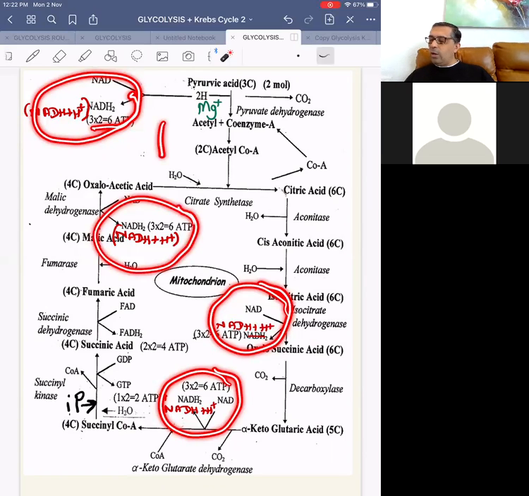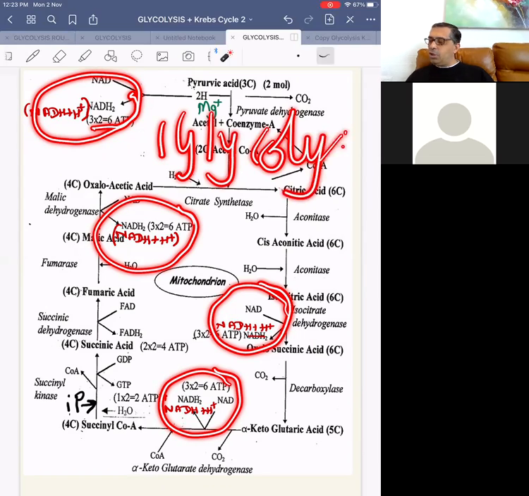Once during glycolysis, once during acetylation, and 4 times during the Krebs cycle, multiplied by 2 molecules, because 3-phosphoglyceraldehyde became 2 molecules of 1,3 diphosphoglyceric acid. So how many NADH are formed? 2 NADH plus H plus.